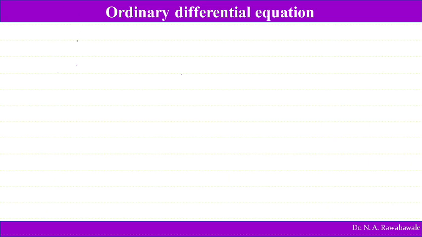Let us consider dv by dt equal to g minus c divided by m into v. Let it be equation number 1. In this equation g is the gravitational constant, m is mass, and c is the drag coefficient.